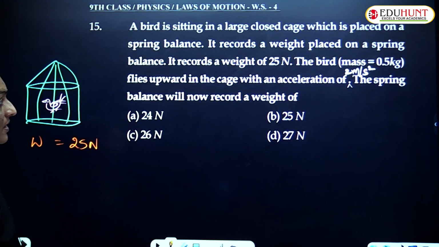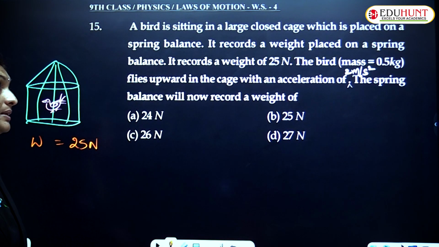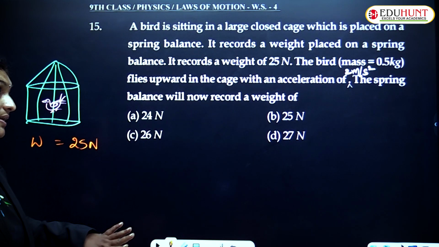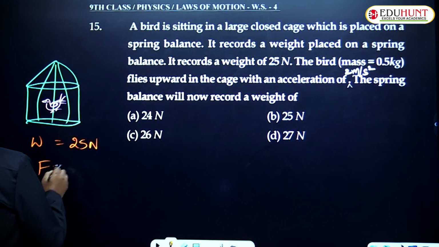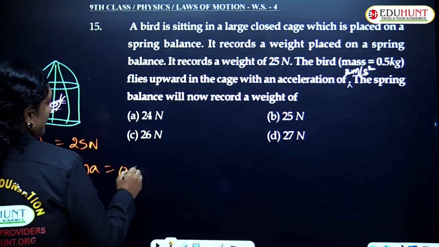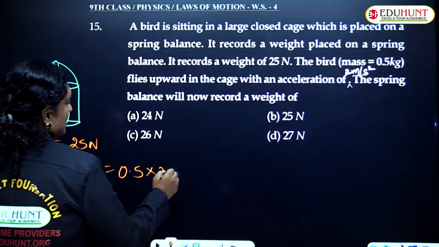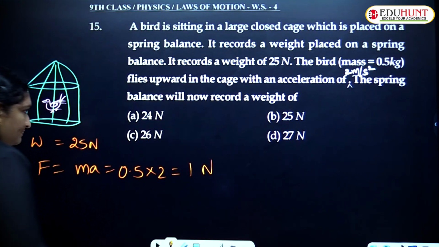The mass of the bird was given as 0.5 kg. It flies upwards in the cage with an acceleration of 2 meters per second square. Mass is given and acceleration is given. So some sort of force is acting. What is the force, children? Mass into acceleration. Mass of the bird is 0.5 and acceleration is 2. So this will be 1 newton.